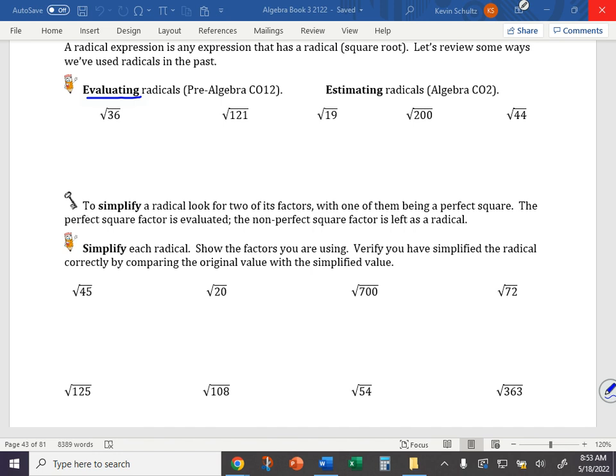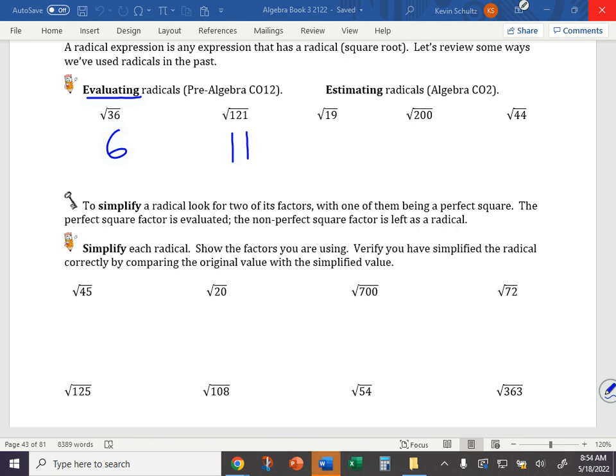So when we evaluate a radical, notice we're dealing with perfect squares. This is what you start with. What is the square root of 36? Joey? 6. Because we are not in the context of parabolas, we don't need that other value, that positive or negative 6. 6 is just fine. Evaluate the root of 121. Kylie. 11. Good.